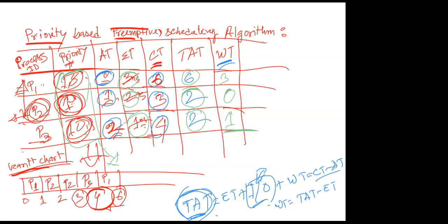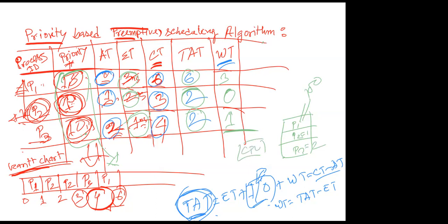Also, it may suffer from starvation because it is priority based. Let's say your operating system currently sets the priority number for processes P1, P2, and P3. The priority number for P1 is 100, P2 is 1, and P3 is 2.